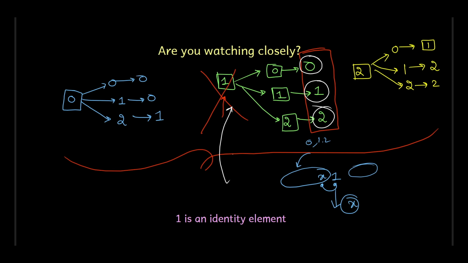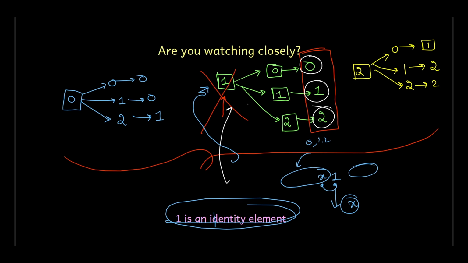So we can actually delete all the ones from the array and our answer will not change. This is one major discovery: one is an identity element, and therefore you only have to deal with an array consisting of zeros and twos.